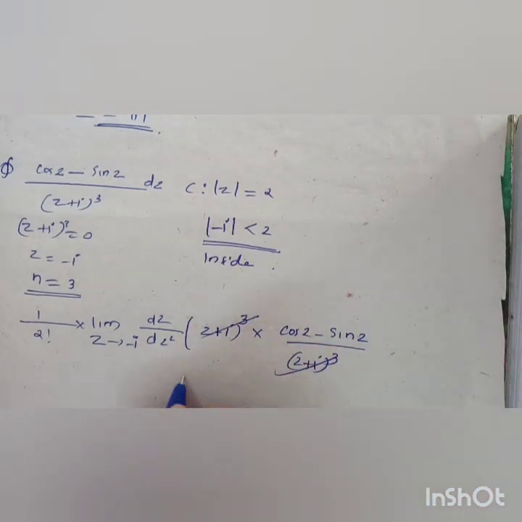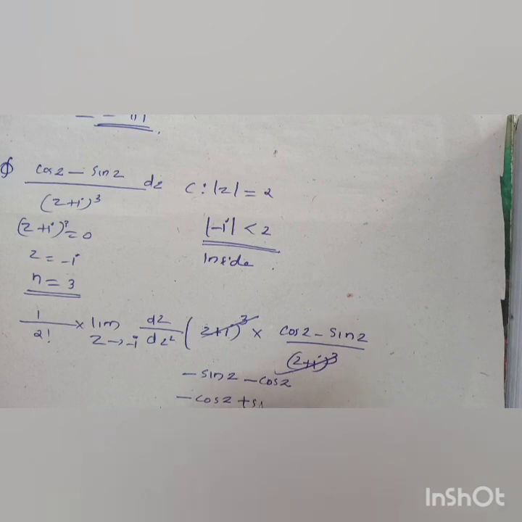So we have to differentiate this: the first derivative is minus sin z minus cos z, and the second derivative is minus cos z plus sin z.